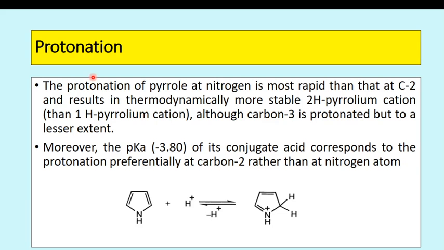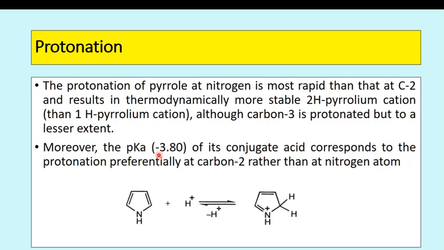Then the protonation of pyrrole at nitrogen is more rapid than that at C2, but it results in a thermodynamically less stable 1H pyrrolium cation. The 2H pyrrolium cation which is formed is thermodynamically more stable than the 1H pyrrolium cation, although carbon 3 is protonated, but to a lesser extent.